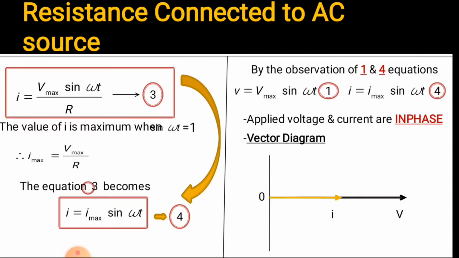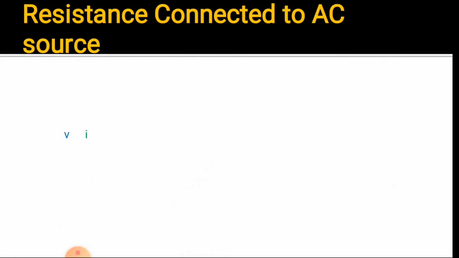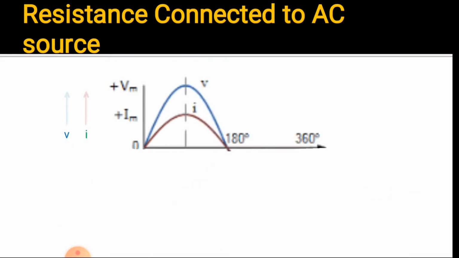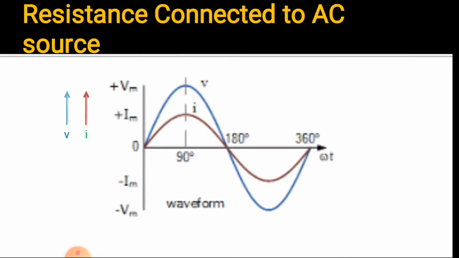And the waveforms: consider the origin point, consider the x-axis as ωt, and on the y-axis consider the voltage and the current. We observe that the voltage waveform and the current waveform are in phase.